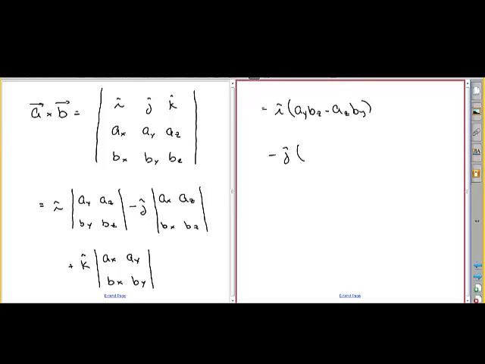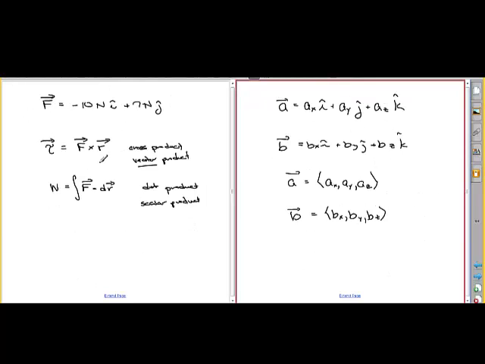So that's this vector. Then you get minus j times the cross multiplication: A sub x, B sub z minus A sub z, B sub x. And finally plus k unit vector times A sub x, B sub y minus A sub y, B sub x. So in a three-dimensional sense, that's the cross product.